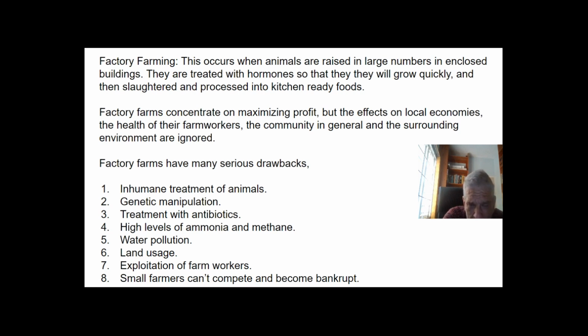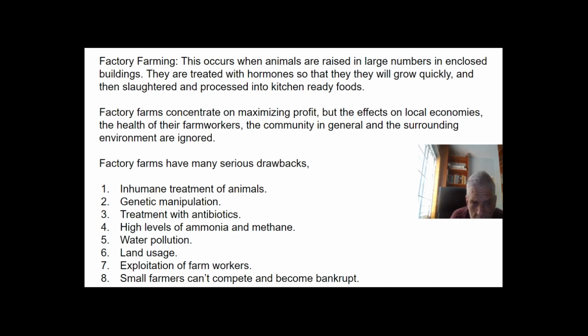We treat them with antibiotics, and therefore it enables bacteria resistant to antibiotics to develop, and in the future this will harm people. We have high levels of ammonia and methane. Methane, of course, is a greenhouse gas. Ammonia has a bad smell. Water pollution can cause eutrophication and so on.